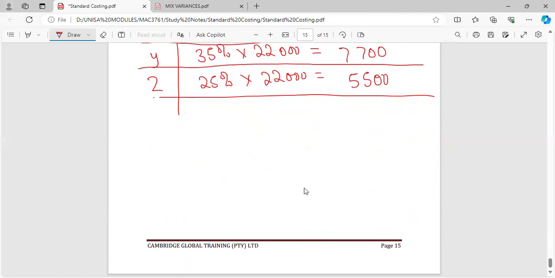So it's going to be relevant costing and budgeting to cover all the topics for test 1.